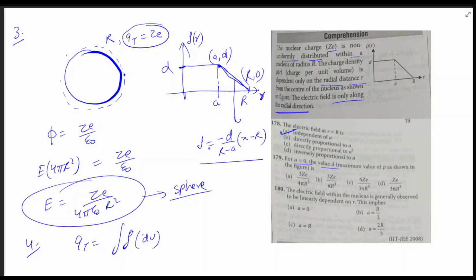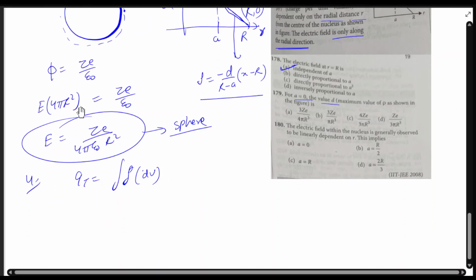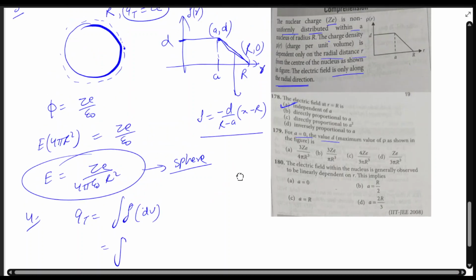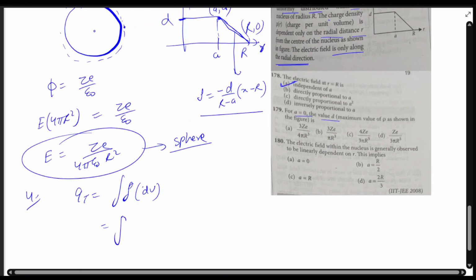Perfect. So we will have this. Let's put it here. So this is a generalized expression.